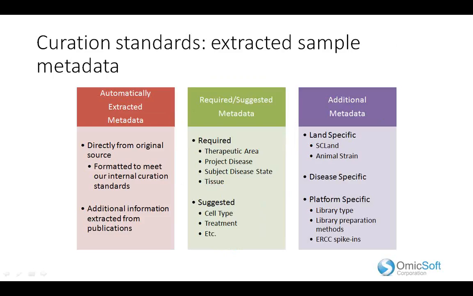For example, for single cell lanes, we require to know how you purify or isolate those cells. So those are cell specific. Also for mouse projects, we require animal strain.